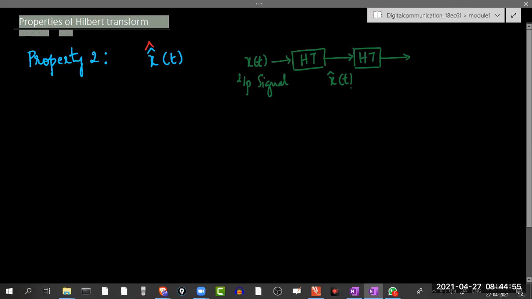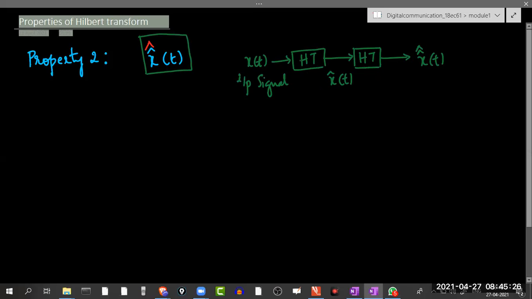Now this intermediate output, when made to go through one more Hilbert transformer block, I'll get the output signal as x double cap of t, because the Hilbert transform operation is represented as cap. So this is the meaning of x double cap of t. Now let's see what this is actually equal to.